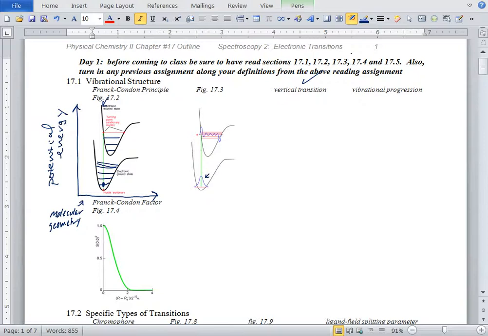How many electronic states are drawn in that diagram? This is an electronic state, and that's an electronic state. Which one's the excited electronic state? That one. Excited electronic state, ground electronic state. There are two electronic states shown here.